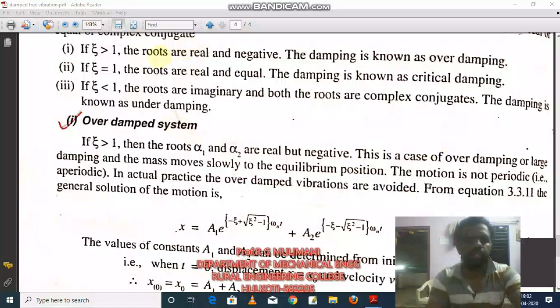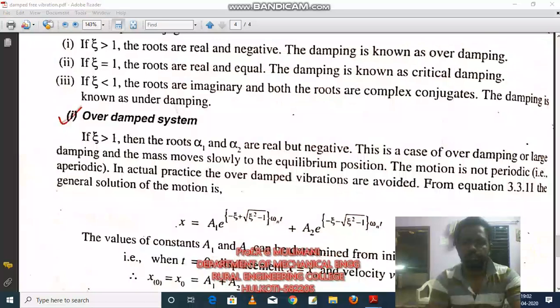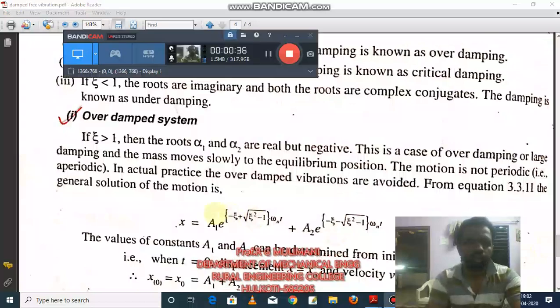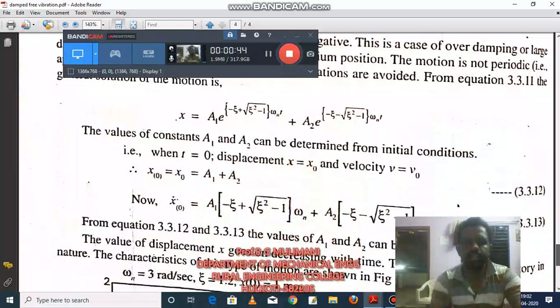If zeta is more than 1, then the roots are real and negative. Okay, let us see the response of the overdamped system. If zeta is more than 1, we already know that the roots s1 and s2 are real but negative values.